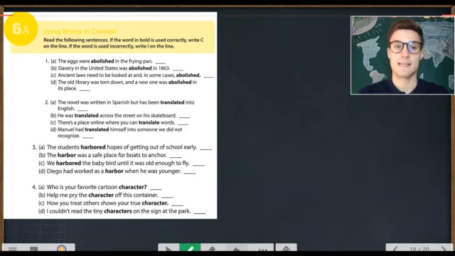Read the following sentences. If the word in bold is used correctly, write C on the line. If the word is used incorrectly, write I on the line. So write C if it's correct, write I if it's incorrect.